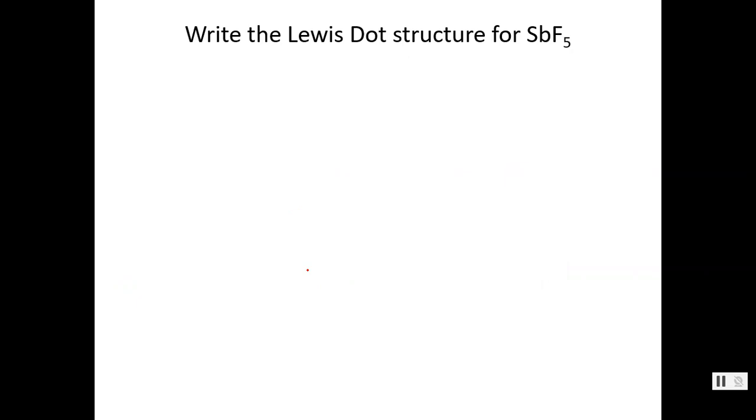So let's finish this little vignette with an example of a Lewis dot structure that does not follow the octet rule, but you will still get the correct answer by following all of the rules that we have talked about. So let's say I was to ask you for the Lewis dot structure for SbF5. You would go about doing it exactly the same way as we've done the previous ones.